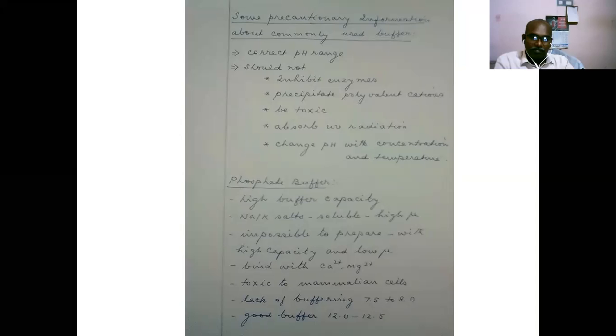Vertebrates: pisces, amphibians, reptiles, aves and mammals. So the last one is the mammals, but we are all mammals. Human beings are mammals. These phosphate buffers are toxic to mammalian cells. And also the phosphate buffer can work better in the range 12 to 12.5 pH.